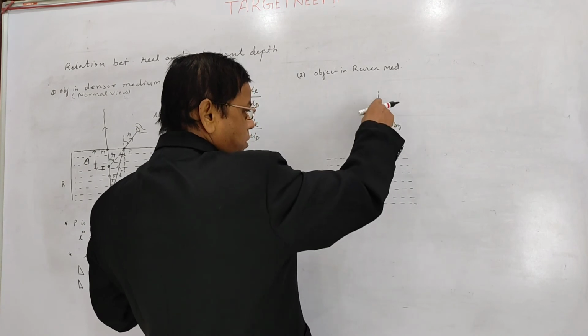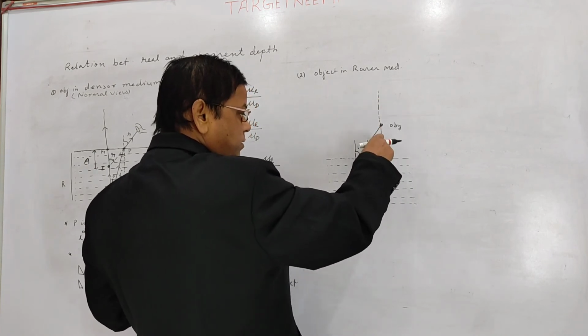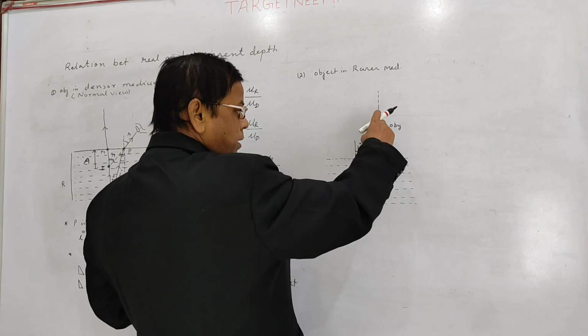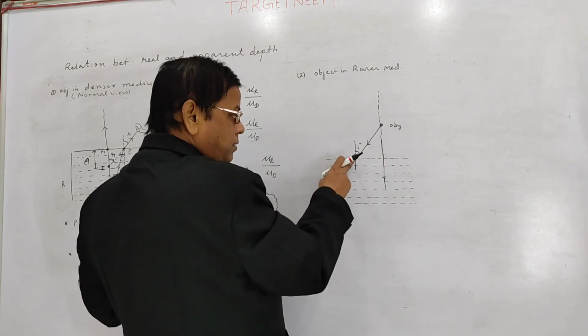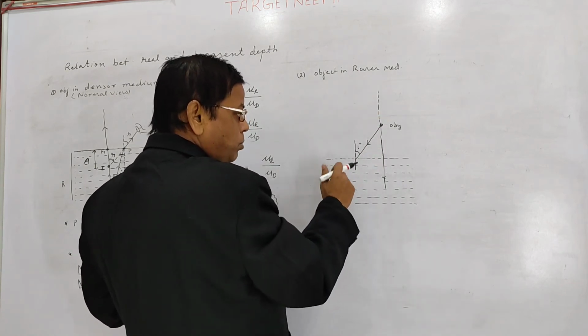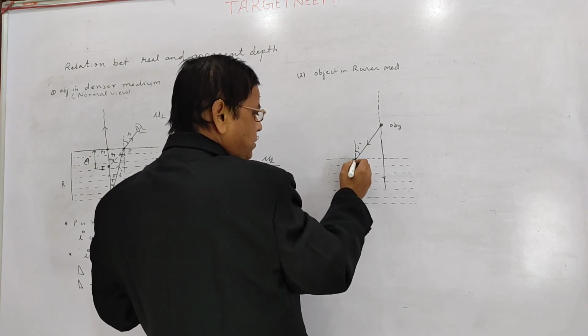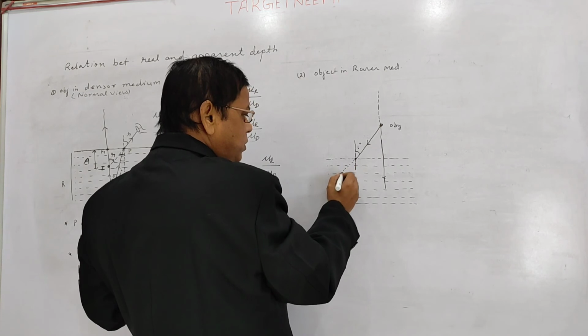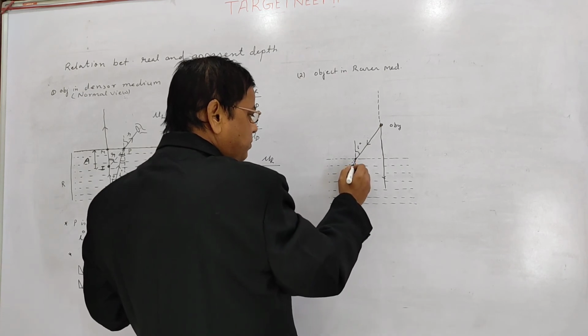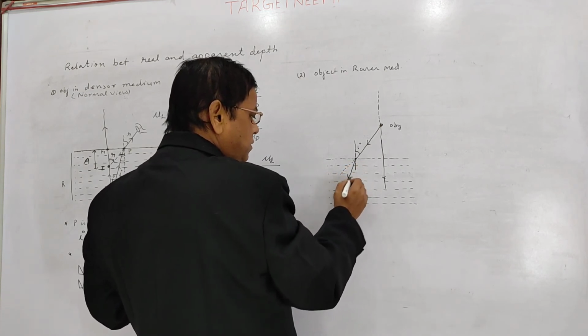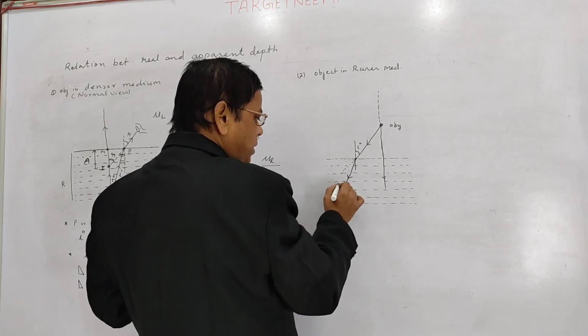So a ray going normal to the surface goes undeviated, and the ray incident here is not along the normal, so it is going to deviate from its original path as it is entering into denser medium. So it will go like this, and this ray is received by the observer.